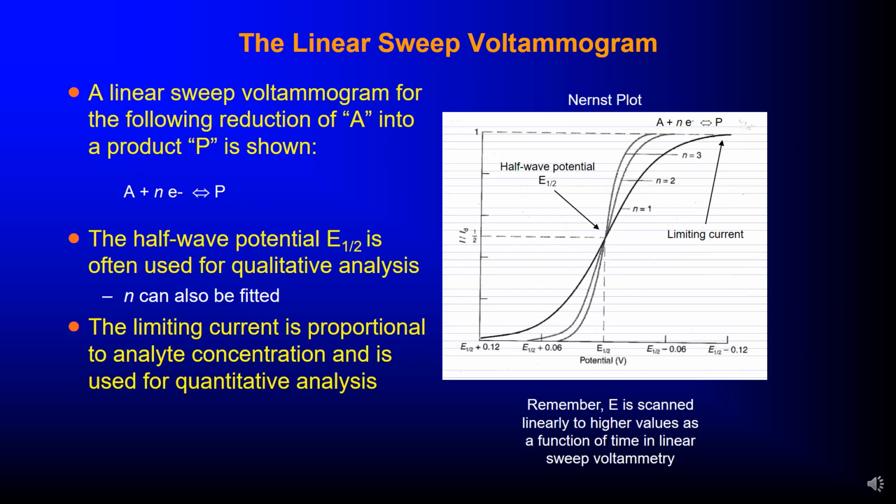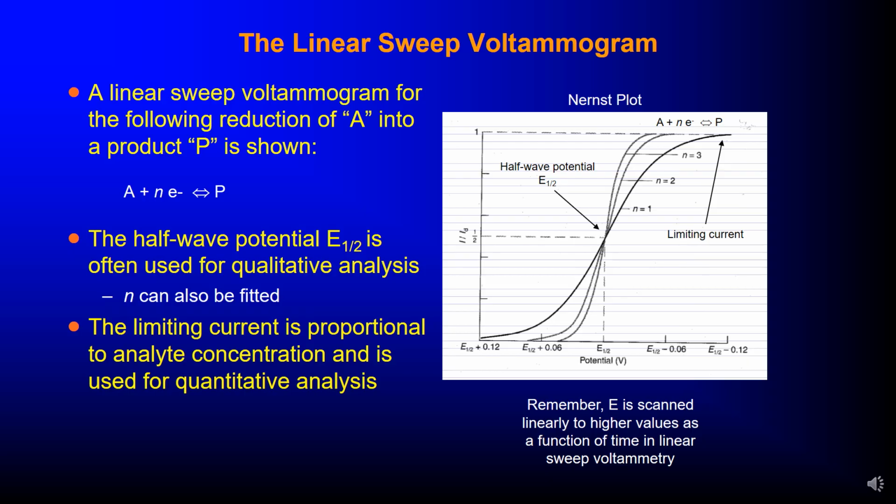A linear sweep voltammogram for the reduction of species A into a product P is shown.